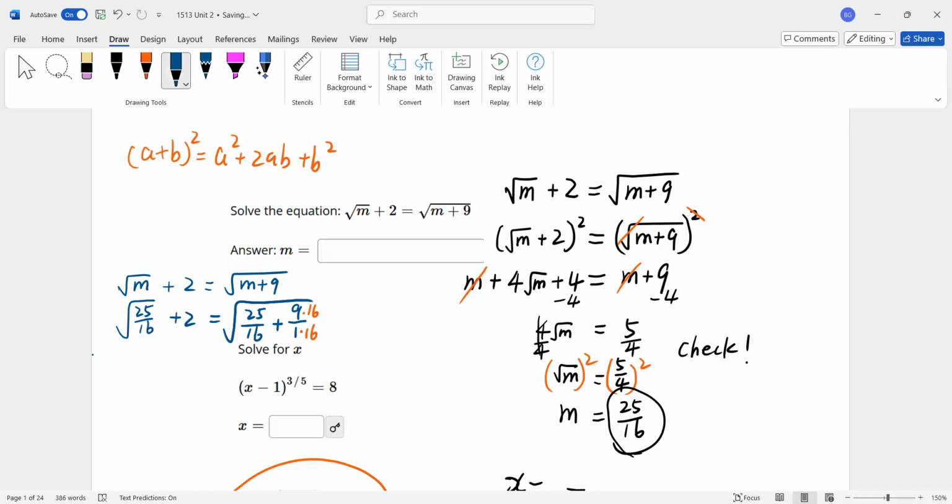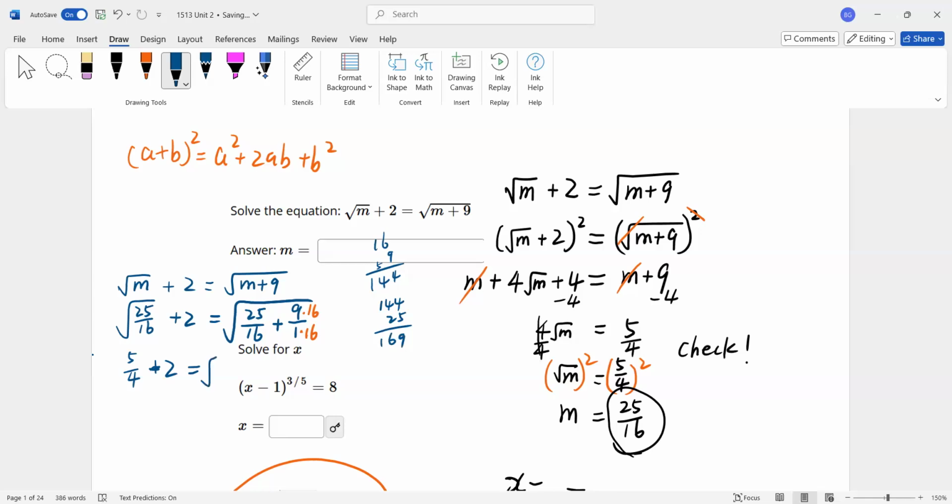And the left side, root 25 over 16 is 5 over 4, because 25 is 5 squared, 16 is 4 squared, and then plus 2. On the right side, let's see, what is 16 times 9? 144. So 144 plus 25, that gives 169.